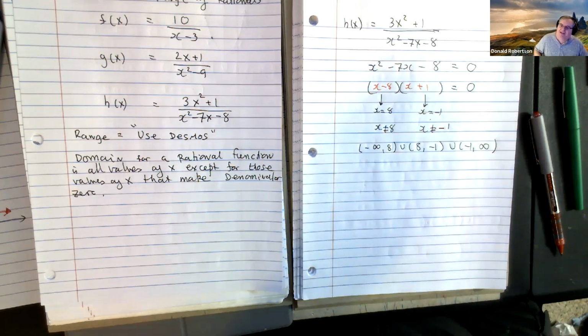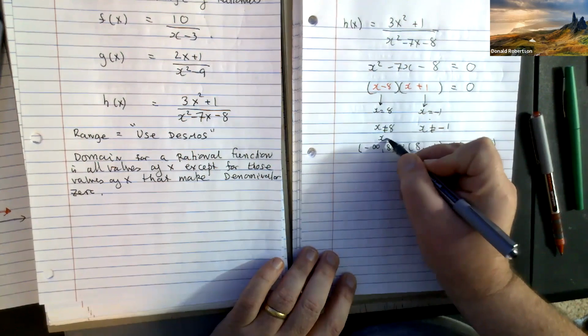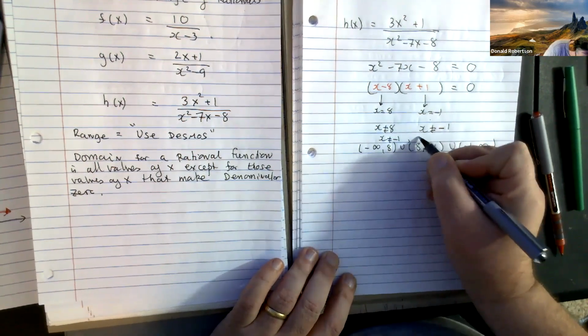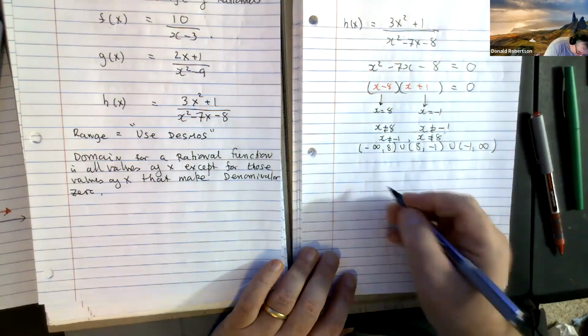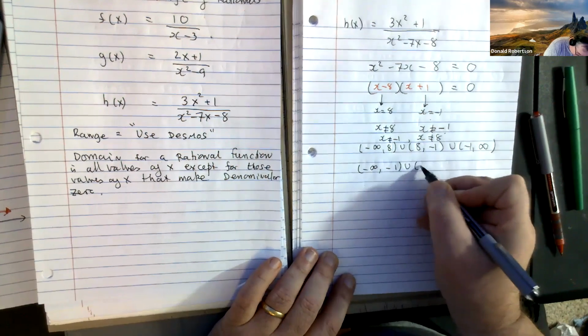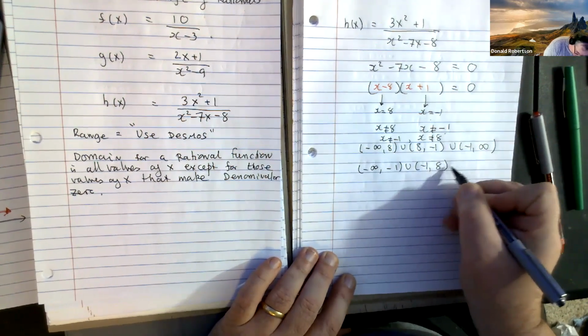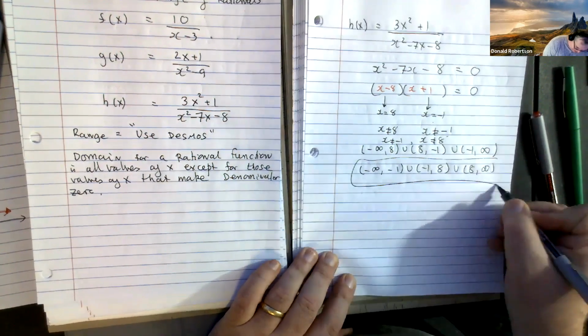We always do things in order. So even if my factors came out in the order that they did, this is the order I should be doing them in. So it would be negative infinity, don't use -1, go all the way up to 8, but don't use 8.